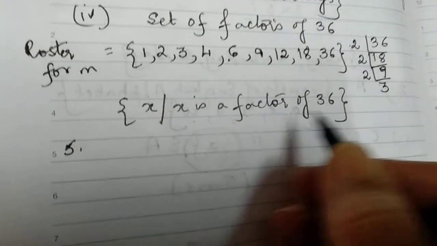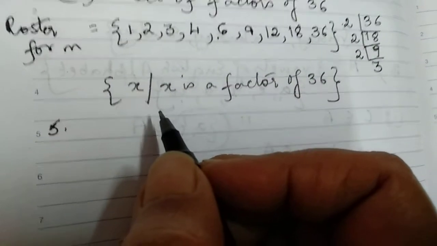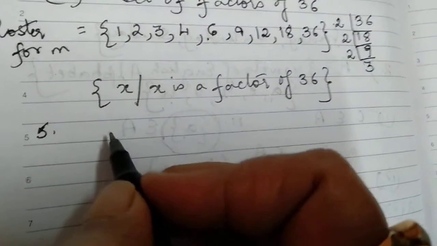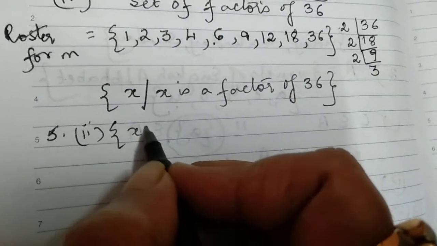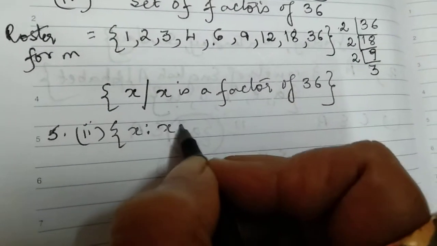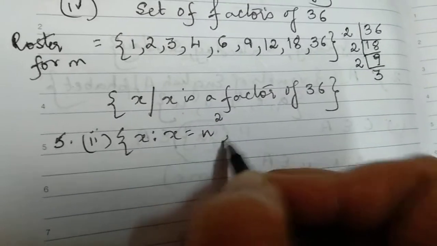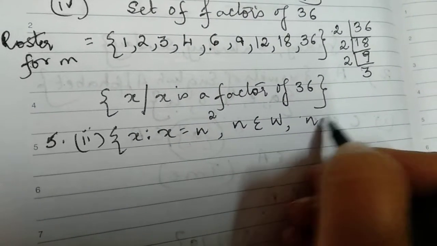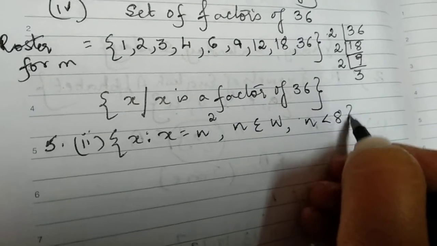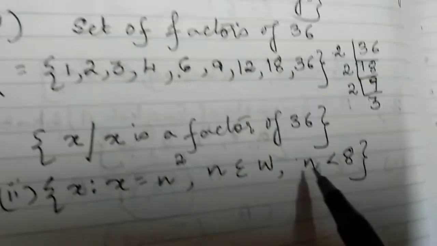Write the following set in the roster form and also in the descriptive form. Now, if I move on to the second part, X such that X is equal to n square, n belongs to whole numbers and n is less than 8. So first what will I do?